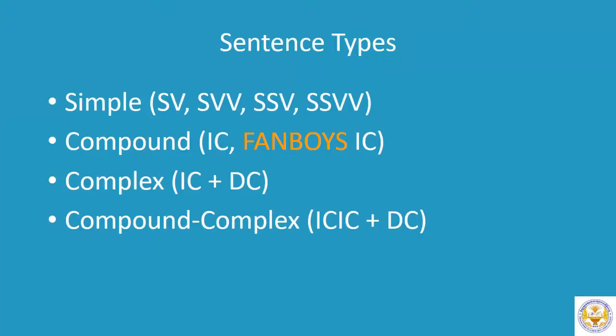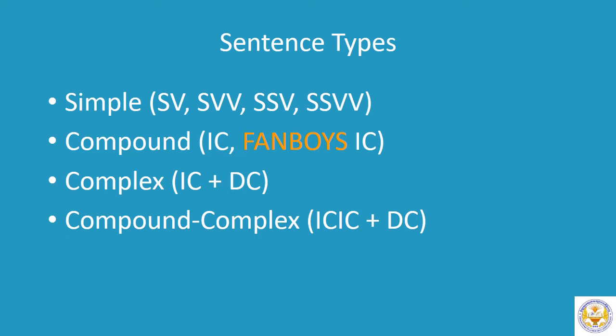Last week we talked about the sentence types, and in English writing, when we talk about sentence structure, we can divide sentences into 4 types. We have simple sentence, compound sentence, complex sentence, and compound-complex sentence.